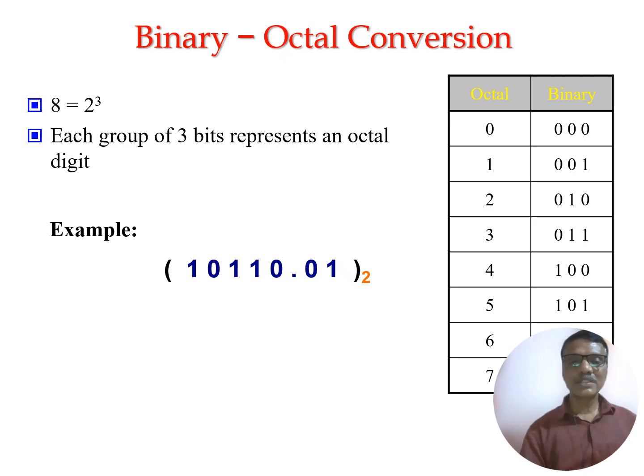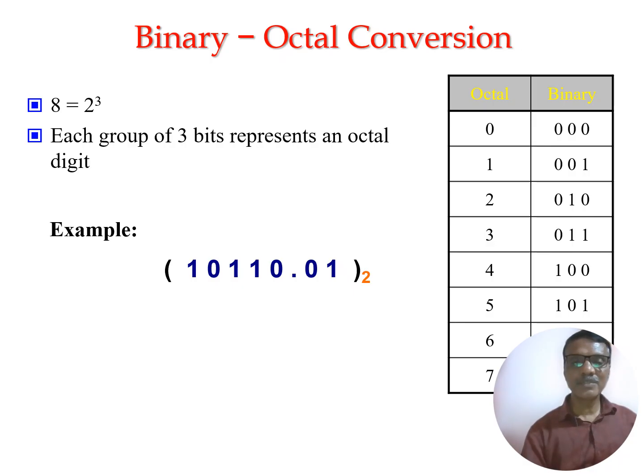Okay, so this is the given binary numbers. 10.01 is the given binary number. So I need to convert into octal. So octal means simply in the binary values we have to do the group of 3 bits.